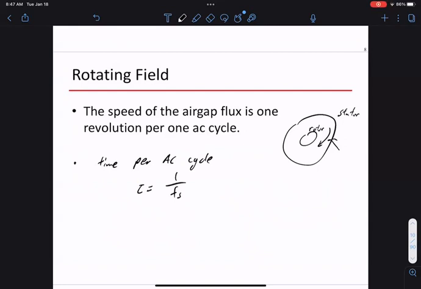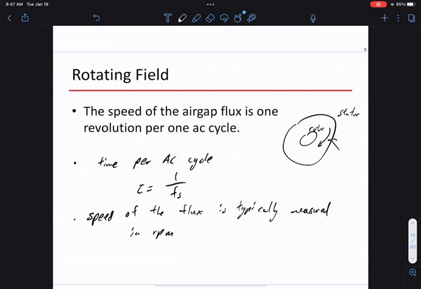So 1 over 60 hertz, so it's relatively fast turning, very fast frequency. And then the speed of the flux is typically measured in RPM, revolutions per minute, not per second.